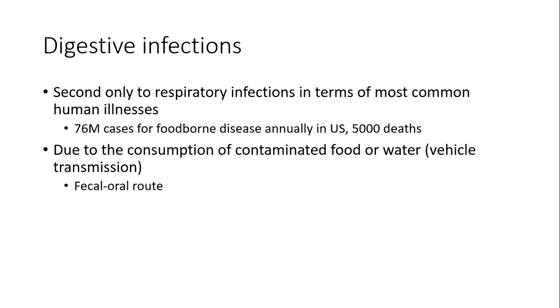But it does account for quite a bit of missed time from work, reduced productivity, and on a more serious level, 5,000 deaths per year. It is almost always exclusively due to the consumption of contaminated food or water. So that would be a vehicle transmission, something that you ingest. Therefore, it is most commonly due to the fecal-oral route of transmission.